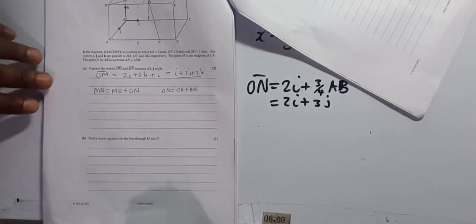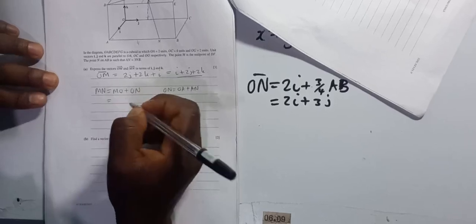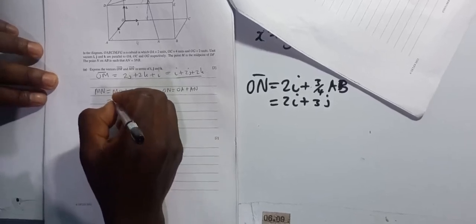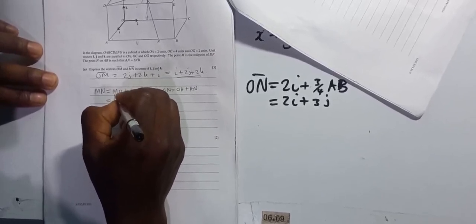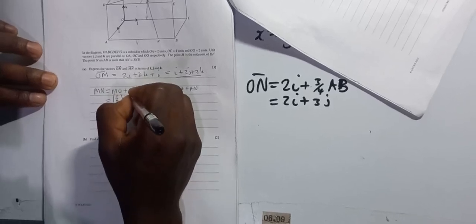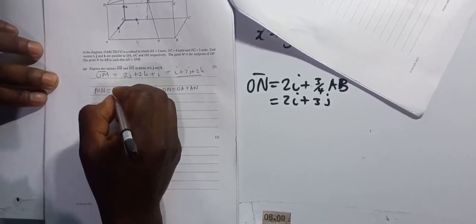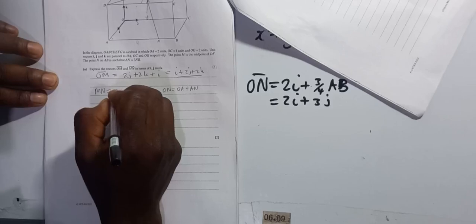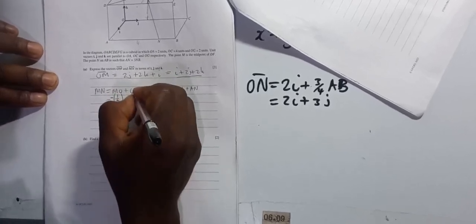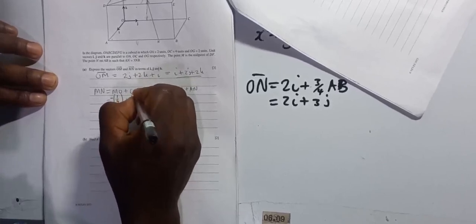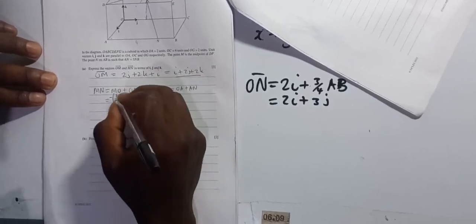So now we have MN equal to MO plus ON. OM is (1, 2, 2), so MO is negative, then plus ON, which is (2, 3, 0).